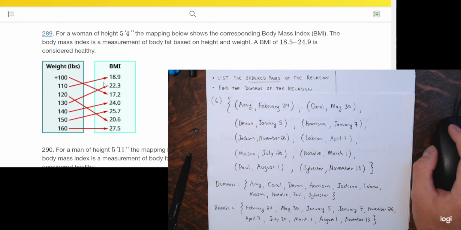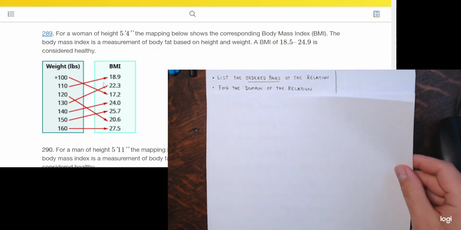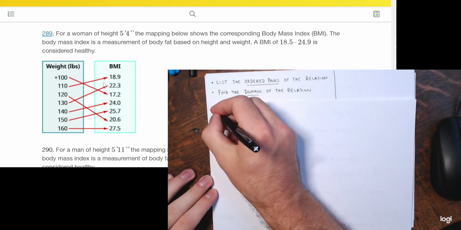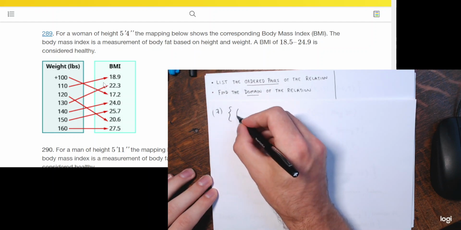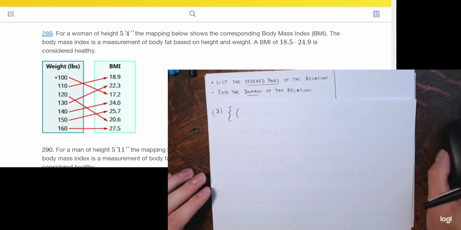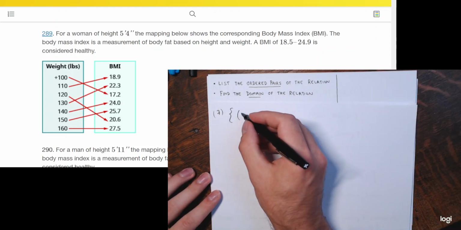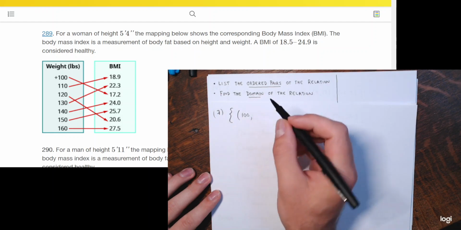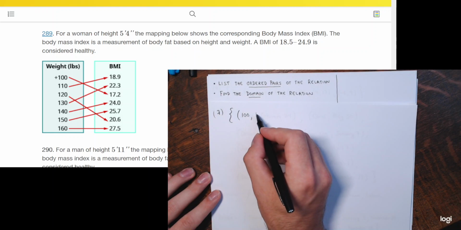And again, each arrow represents a different relationship, and a different ordered pair in the relation. So for example 7, in this relation, my first coordinates are going to be the weights of these 5'4" women. The first one was 100 pounds, and that woman had a BMI of 17.2.